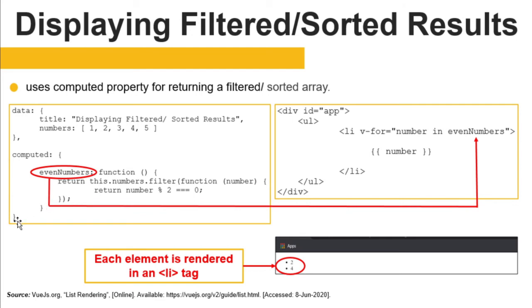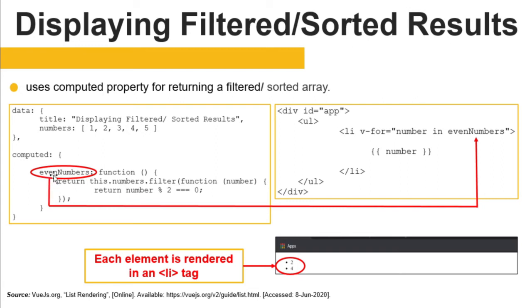Okay, so in this given example, instead of rendering the contents of the array named numbers, which contains numbers from 1 to 5, a computed property named evenNumbers is rendered, which filters and gets only those even numbers in the array.